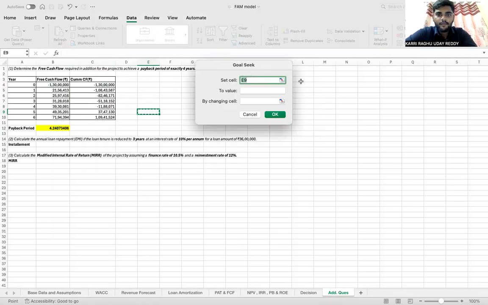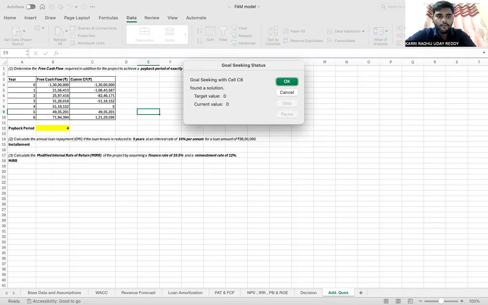Goal seek. We want to change this value. It should be 0 by changing this value. Now it is showing that the payback period is 4, and for that our cash flow should be increased to 51,18,152.